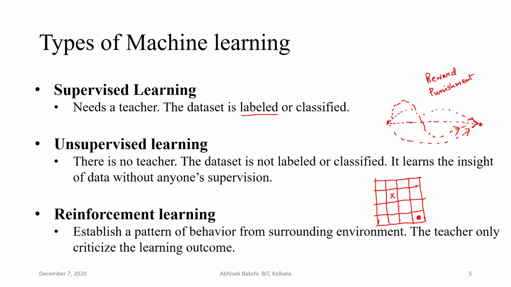If you follow this direction, there is a possibility to reach. If you follow this direction, there is also a possibility to reach. But if you go in this direction, you are going farther from the object.